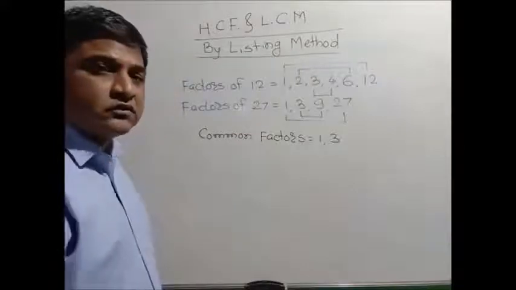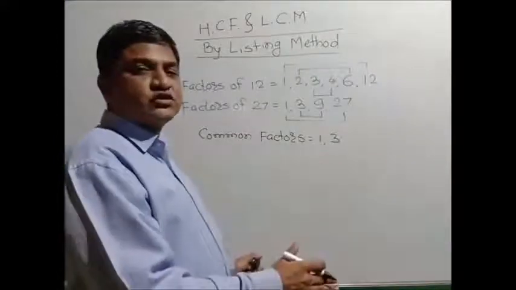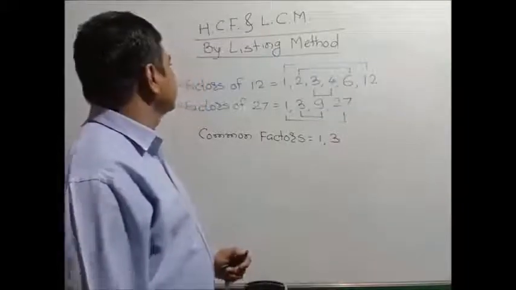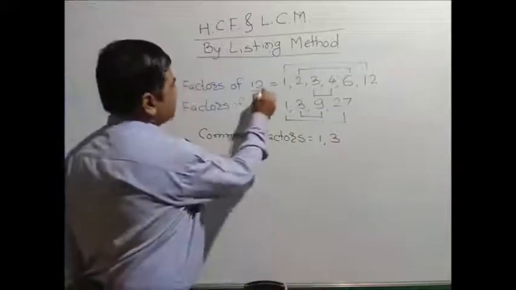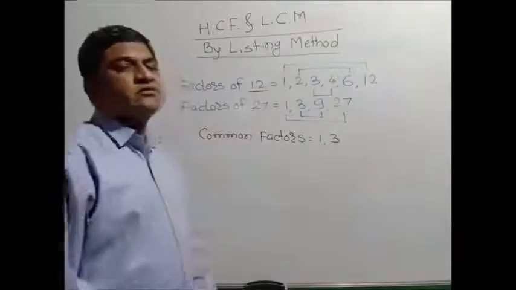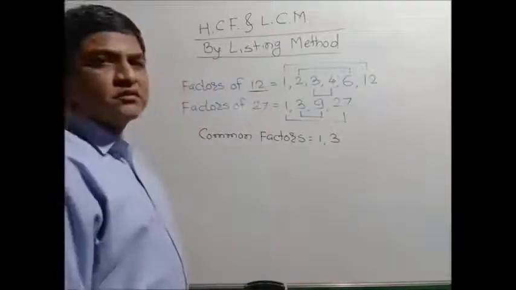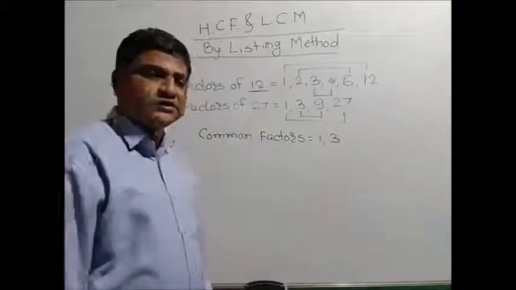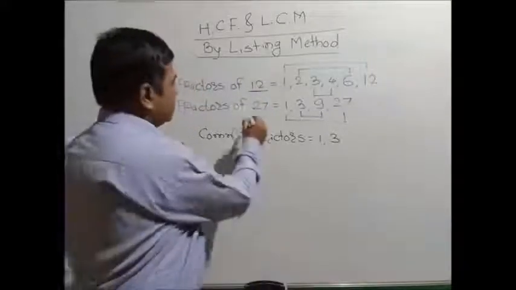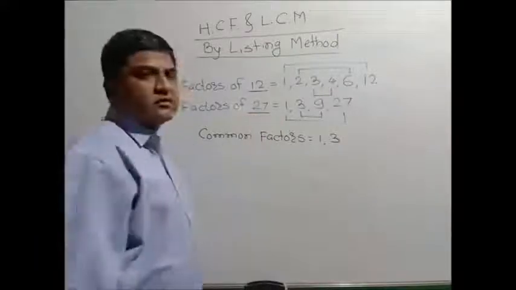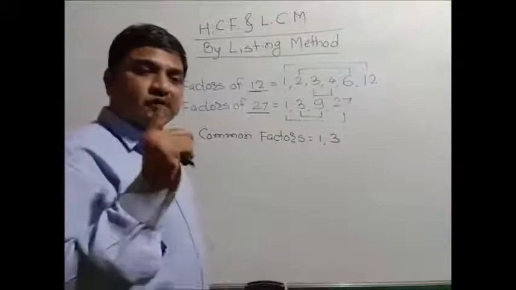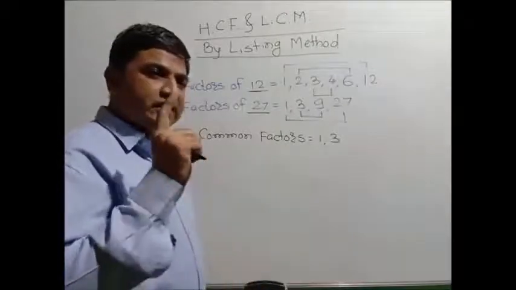What I want, okay, we'll just frame this question in a mathematical statement. Say, suppose a person is having a red ribbon of 12 meter length and a blue ribbon of 27 meter length. Now he wants to make equal size pieces of the ribbon without any vestige. He doesn't want to make any vestige.